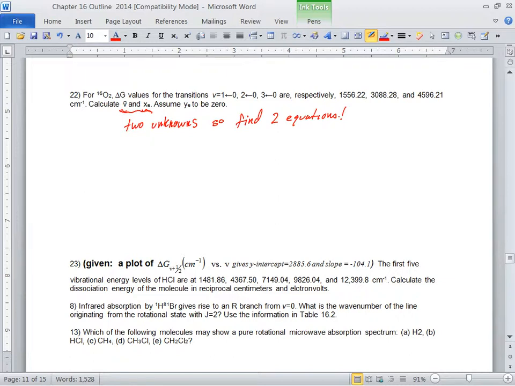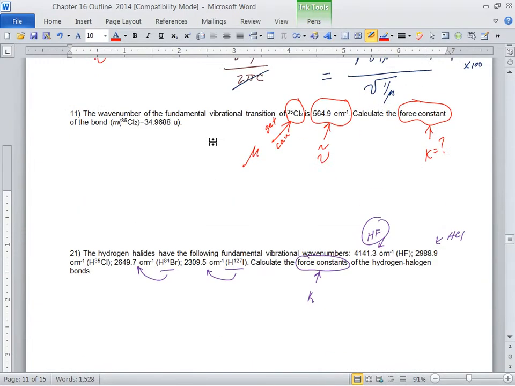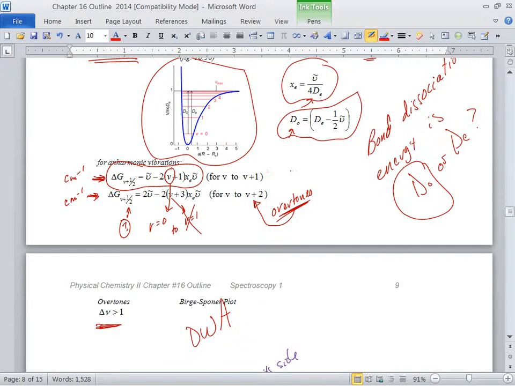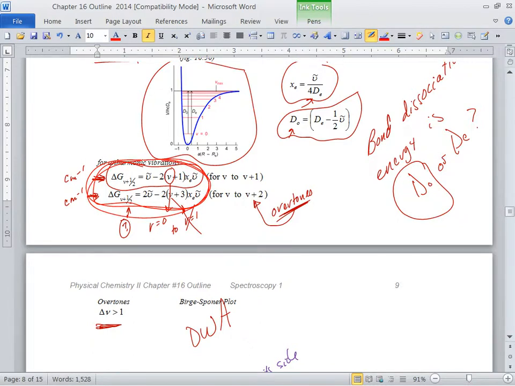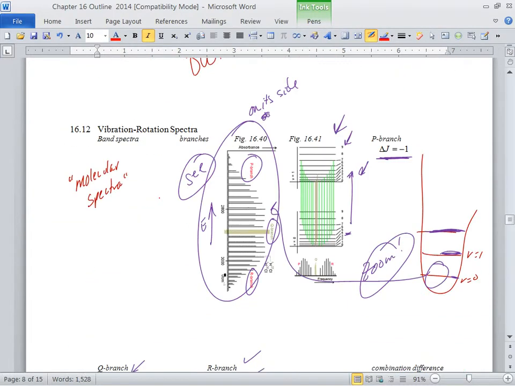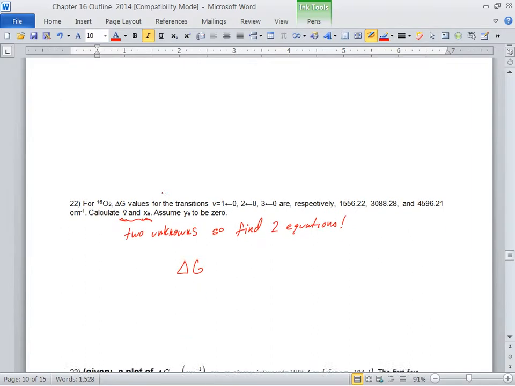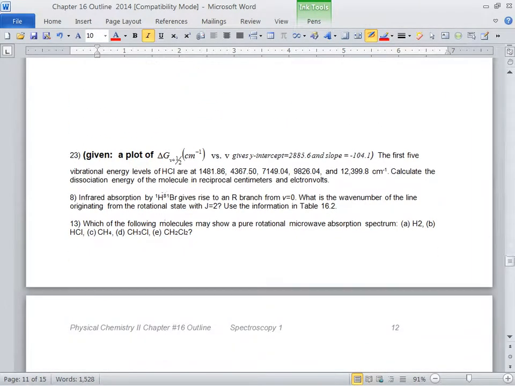So I would write down those 2 delta G equations. Maybe I can just copy paste them. Where are they? Here they are, all messed up. Copy those 2, right? And you should be good to go. 2 equations, 2 unknowns. So you have a game plan? Good. Okay. That was 22. 23.